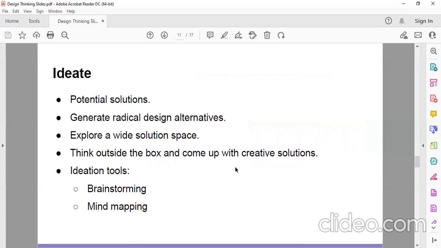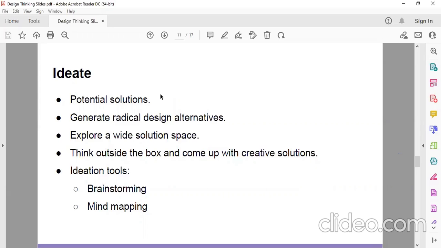Okay. So with a solid understanding of your users and a clear problem statement in your mind, then you can start working on the potential solutions, right? You have to think outside the box, not in a general way. Design thinking is not something we do in a general way. It's something where we think out of the box, right?